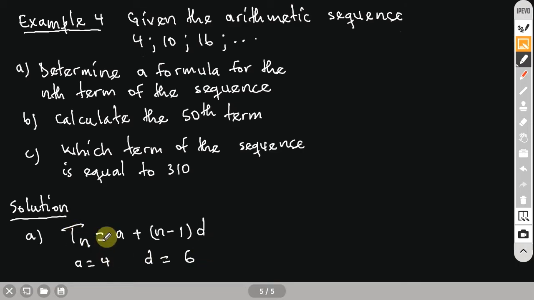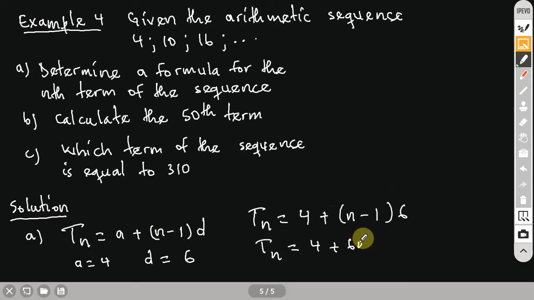And then we replace that in the formula. So Tn is equal to 4 plus, n minus 1, times 6. So Tn will be equal to 4 plus 6n, and 6 times negative 1 is negative 6.